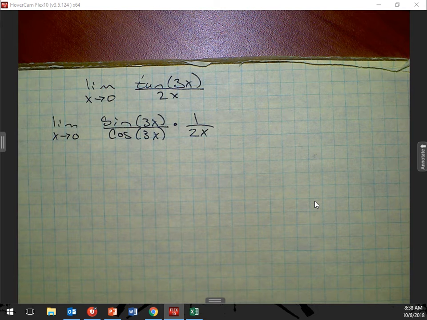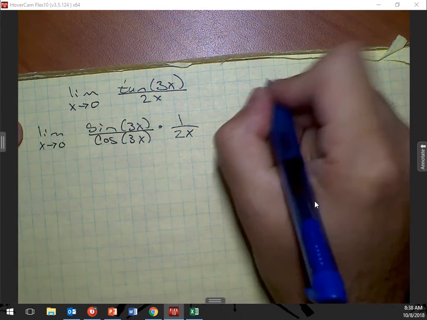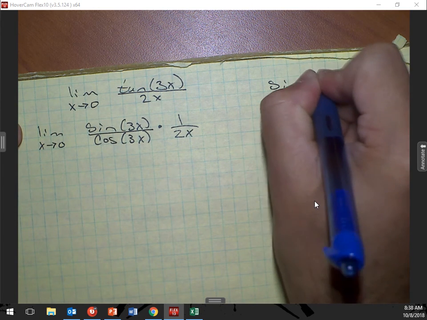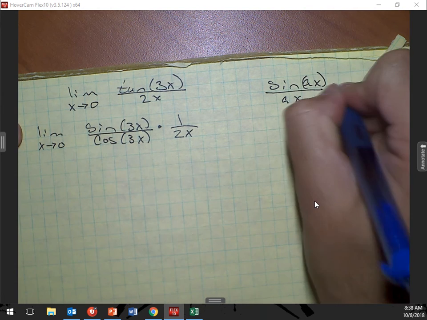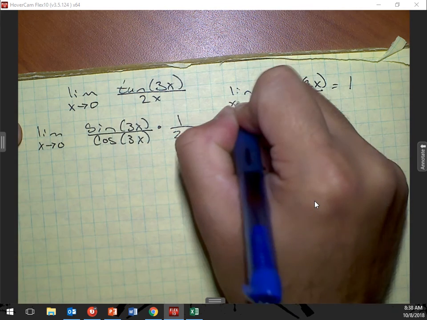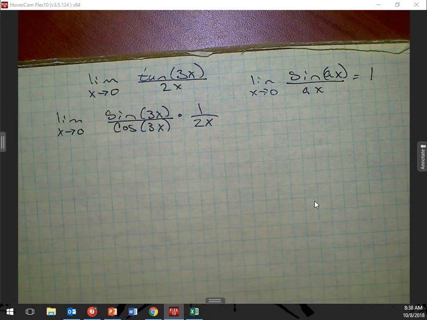Alright, so now for this right here, we know that sine of ax over ax is equal to 1 when I'm taking the limit as x approaches 0. Now, why can I not just plug in 0 here?